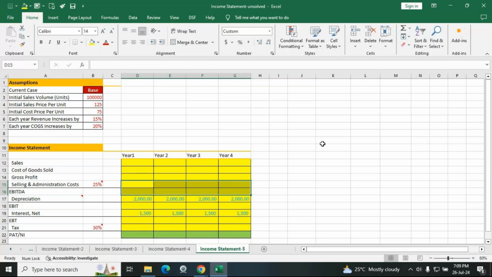Ma'am, what do we have to delete? Row number 15 and 16. Just select the cells I have selected, press delete, and then proceed. Okay, ma'am.